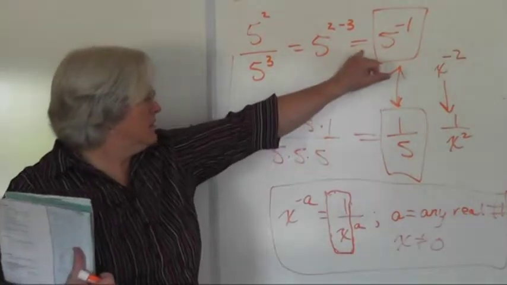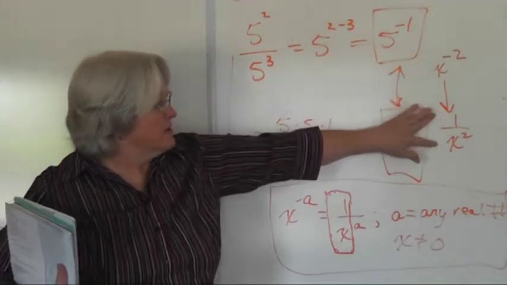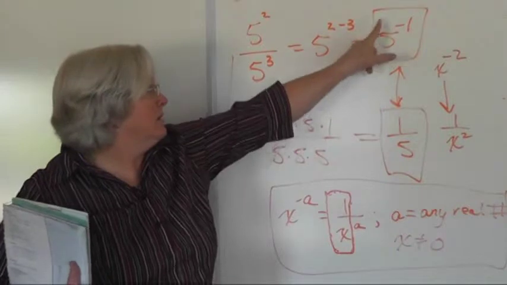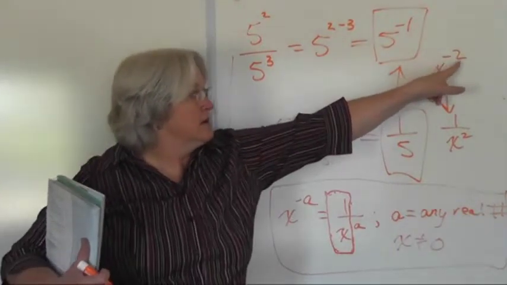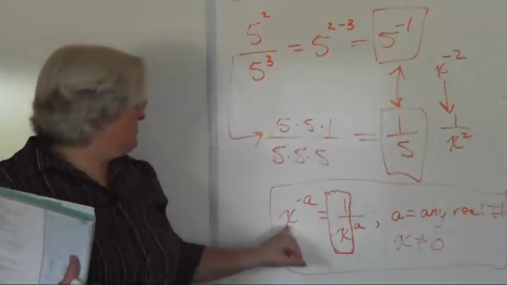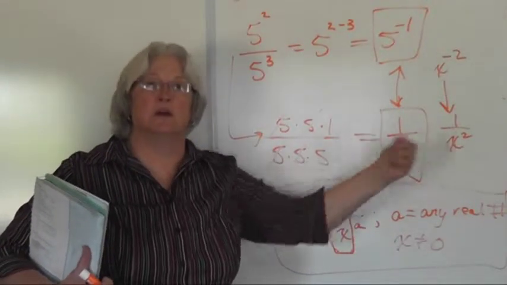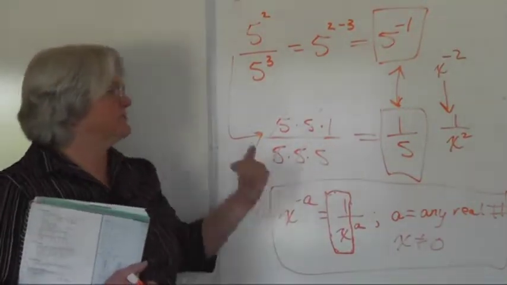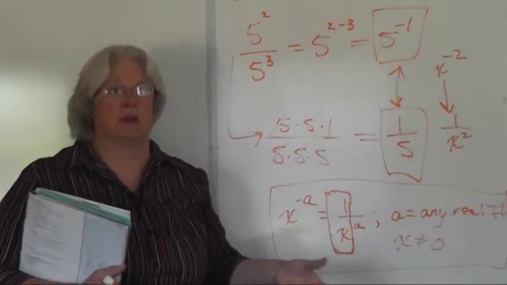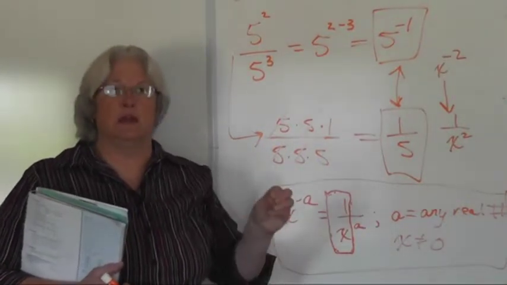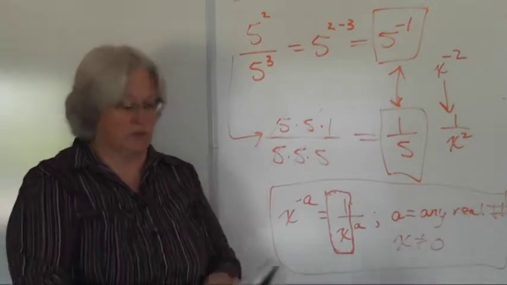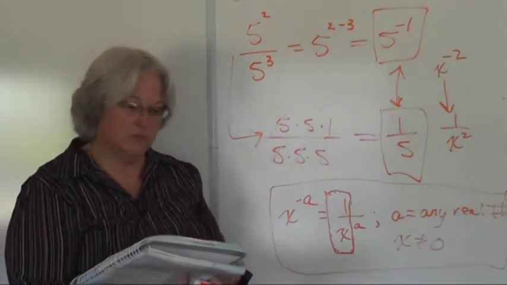Or you just flip it, and x to the minus 2, following this pattern, would be the same as 1 over x to the positive 2. It's awkward, strange sounding. Try a few of these, and as you practice them, I promise you that they'll make a lot more sense to you.